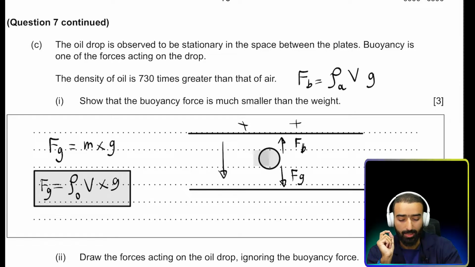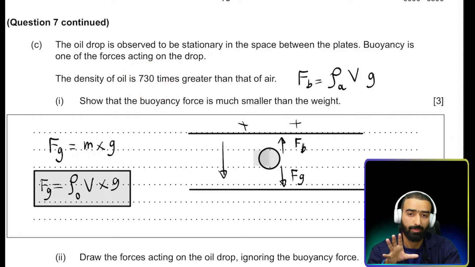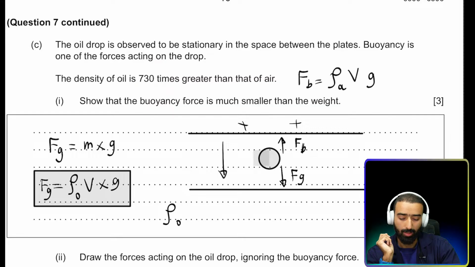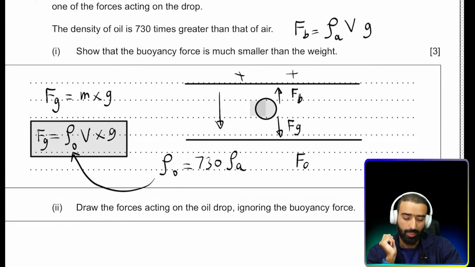But where's the catch? The catch is that the density of oil is 730 times greater than that of air. That means density of oil is 730 times the density of air. So I'll plug this value here. I get that the force of gravity is 730 times density of air times Vg.